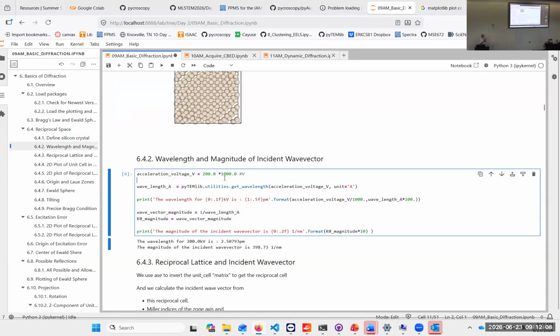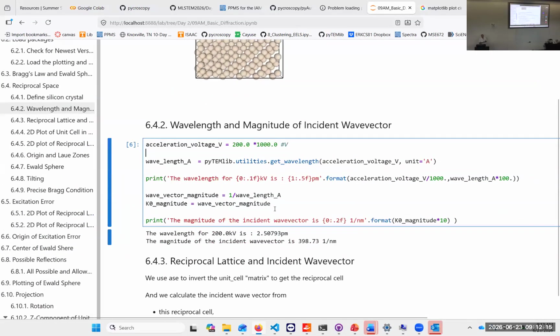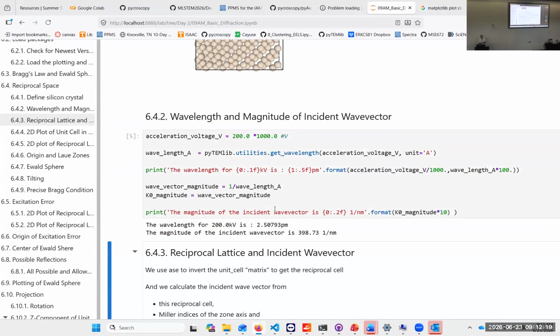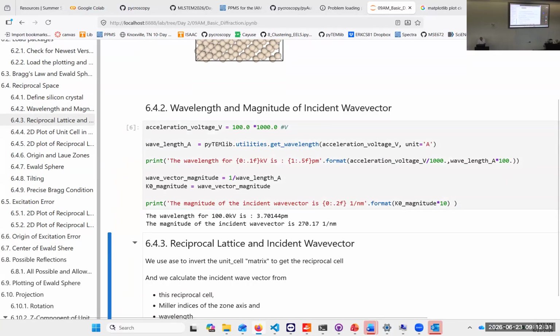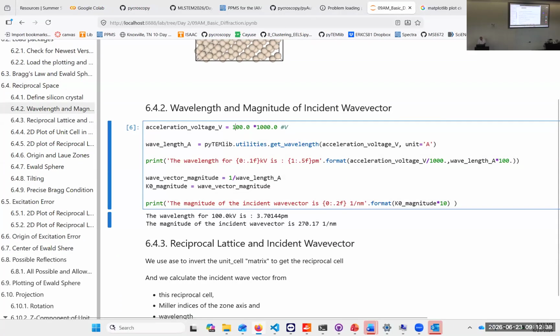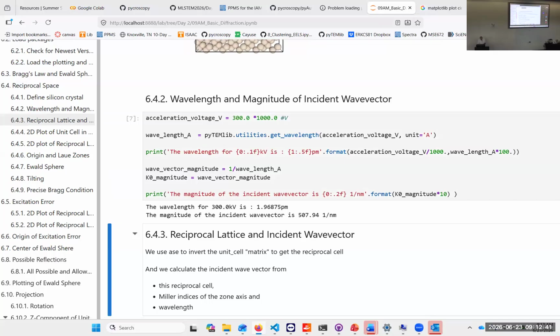The wavelength and the magnitude are defined by the de Broglie wavelength, right? And we get this wavelength directly. So we have 2.5 picometer at 200 kV. We can go to 100, right? So we have 3.7 picometer there, and at 300 it gets very small, obviously.